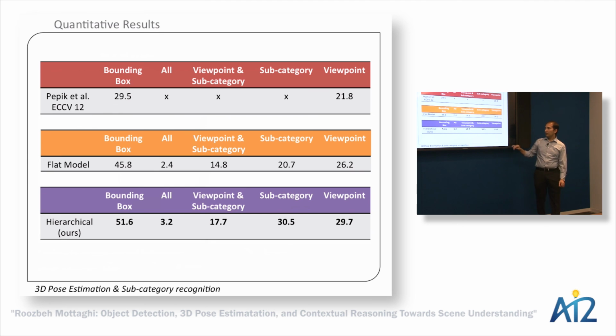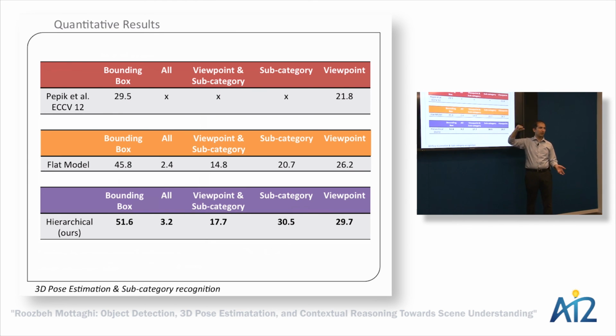And also, we have here the flat version of our model. Suppose you collapse the hierarchy into a flat model instead of having that coarse to fine hierarchy. This table shows that we also improve over the flat version of our model. Do you have a sense of the improvement over the ECCV12 paper? That's a pretty big improvement.